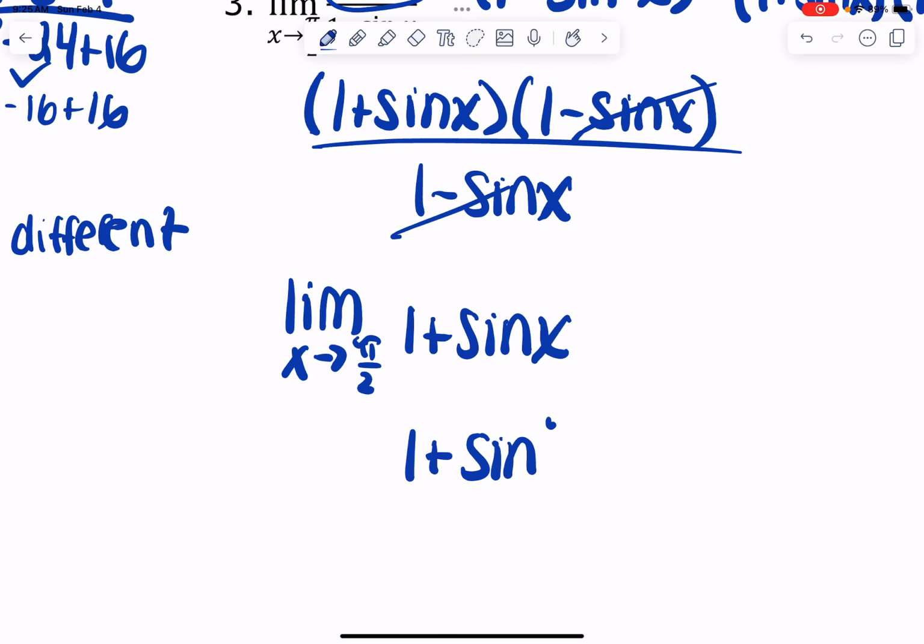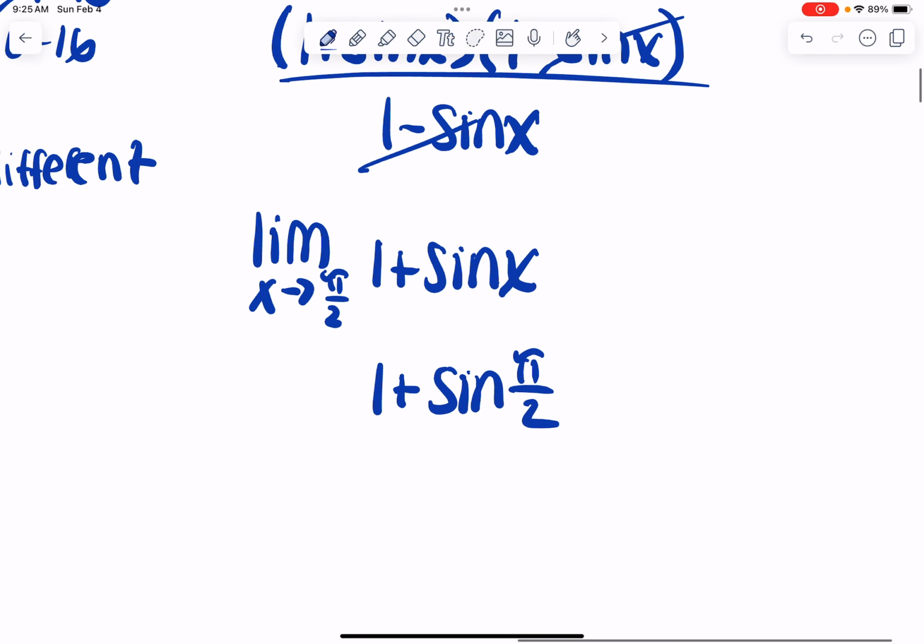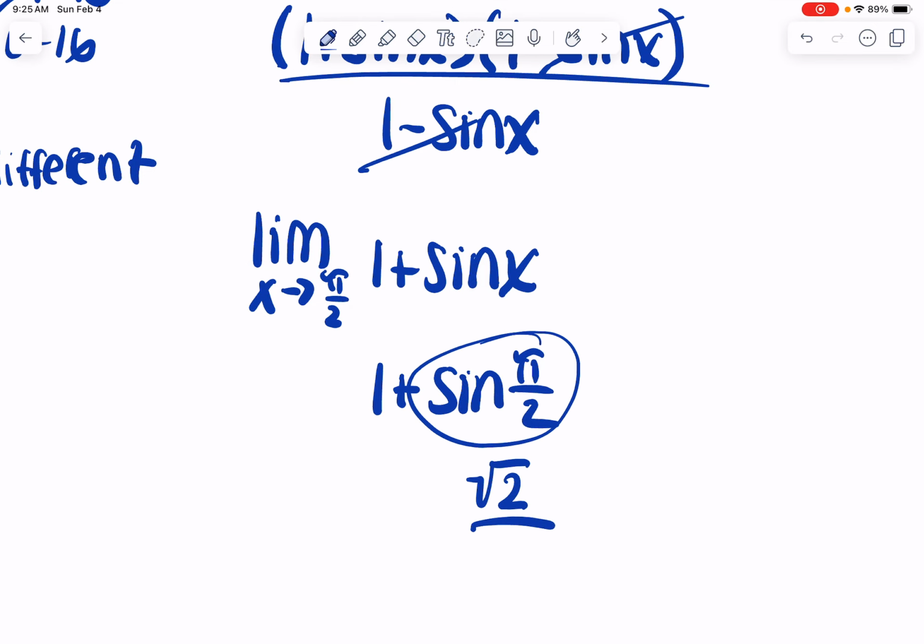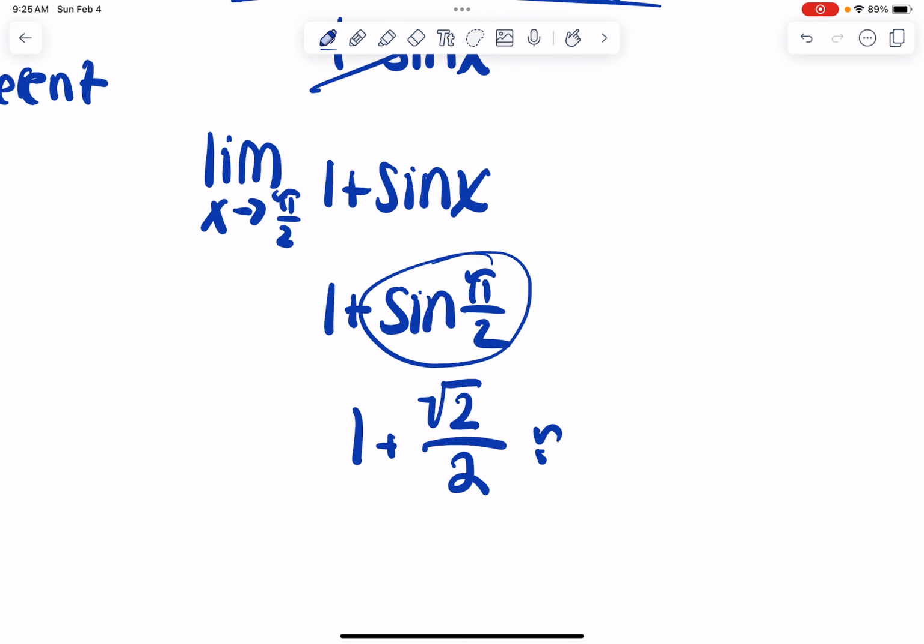You just plug it in, 1 plus sine of pi over 2. Sine of pi over 2 is going to be root 2 over 2, plus 1. And so you get that decimal form for whatever it would be, but you could leave it like that as well. Okay? And so you would not have to use L'Hopital's rule.